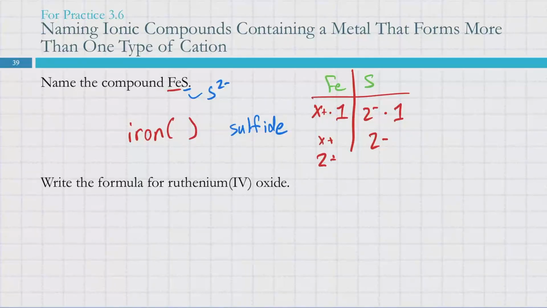So it's going to be 2 plus. We probably, hopefully, need to write out the formulas to figure it out, but we can do that anyway. So it's going to be iron(II) sulfide, or, I believe this is also ferrous sulfide. If there's 2 options, you need to know them.